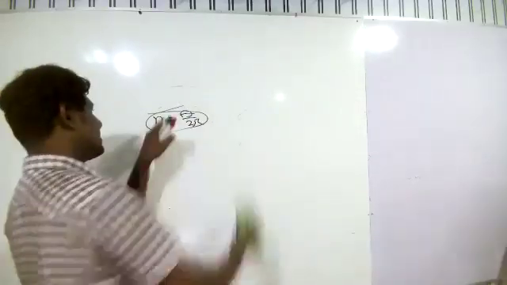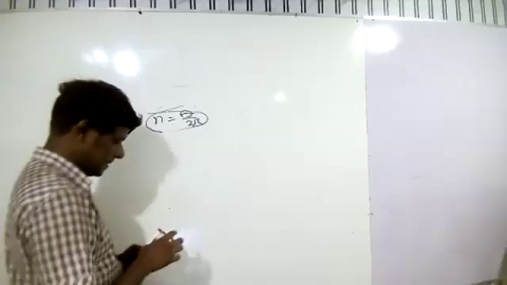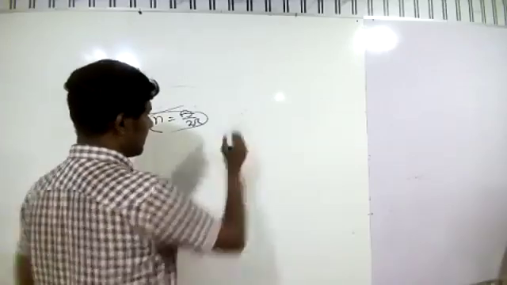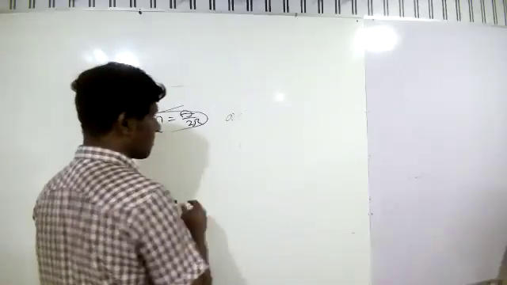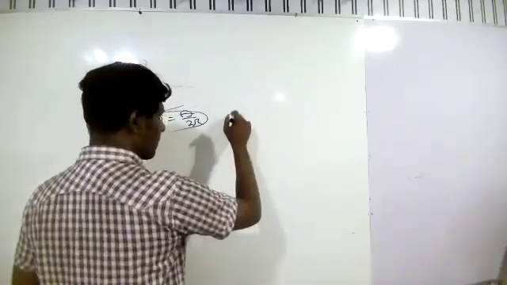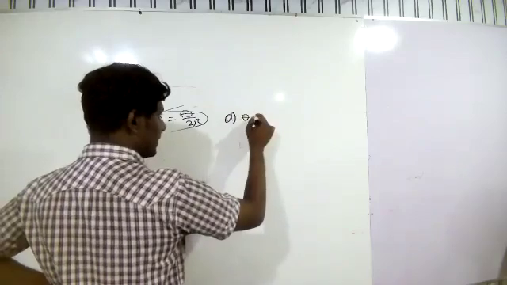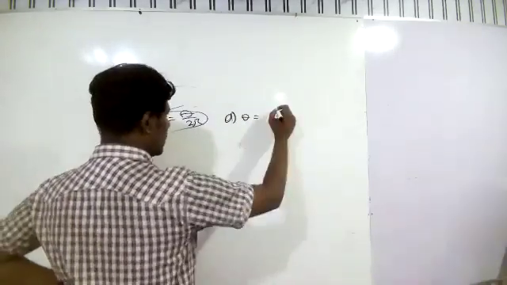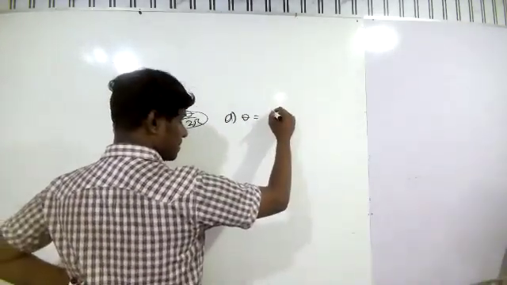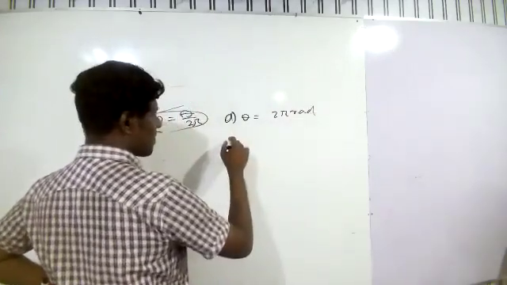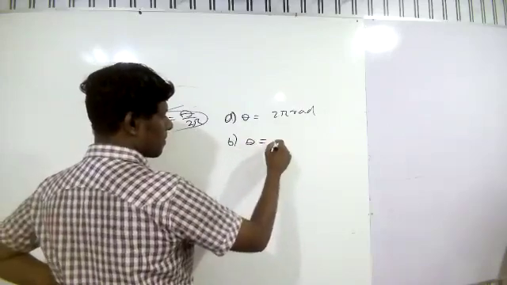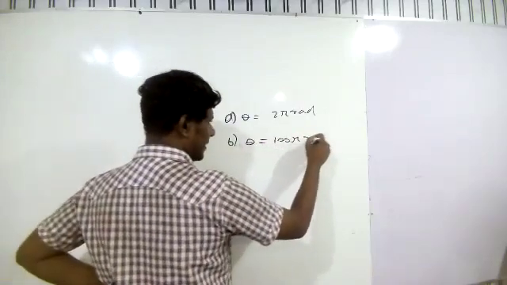Now you have to use this equation. Theta equals to 2 pi radian. 100 pi radian.